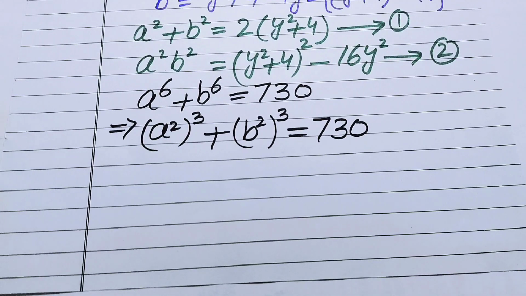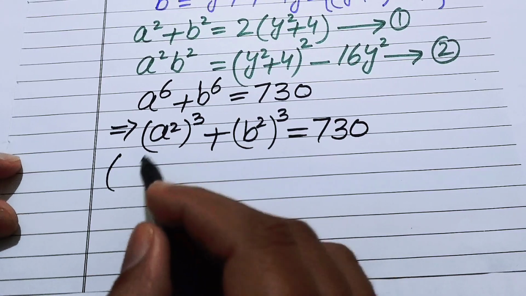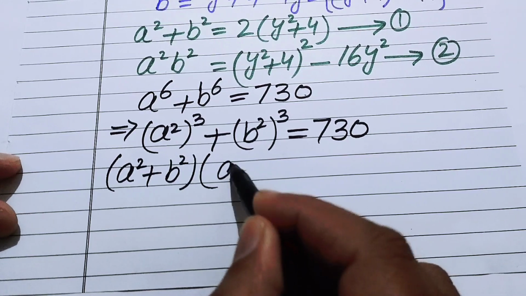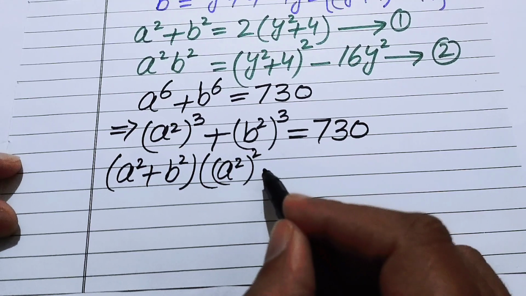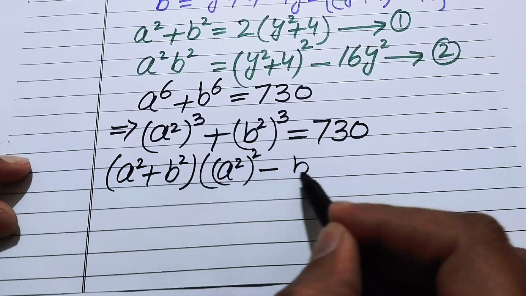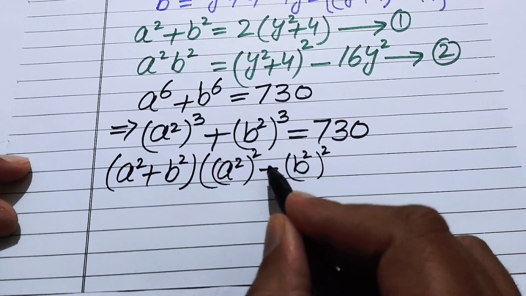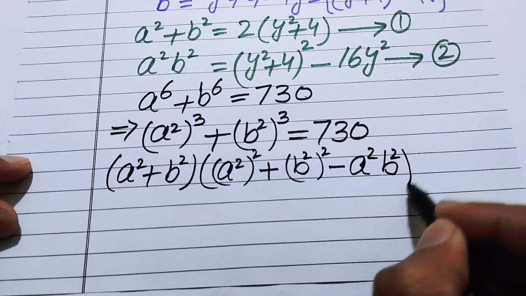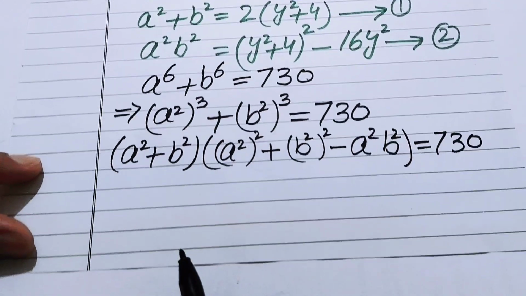And now you see here we have the nice cubic formula, so we can apply the cubic formula here, and you will just get a plus b times a squared, and a squared we have a squared and its whole square, minus a squared b squared, plus b squared, and this whole equals 730. So here I can just use the nice cubic formula.